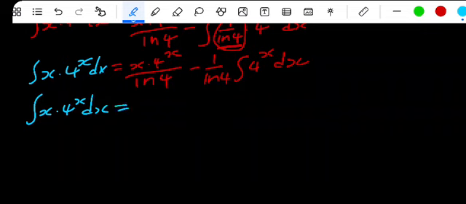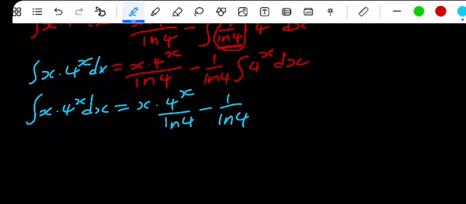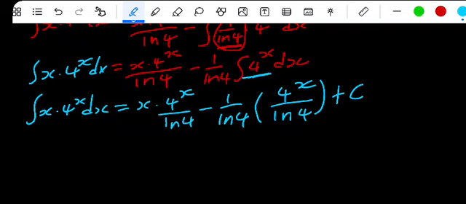It will be equal to x multiplied by 4^x over ln 4, minus the integral of 1 over ln 4 multiplied by the integral of that, which will be 4^x over ln 4, plus a constant c, because we have integrated now, isn't it?